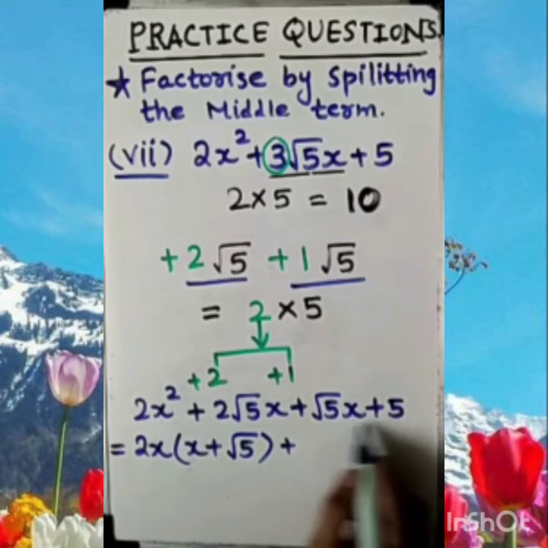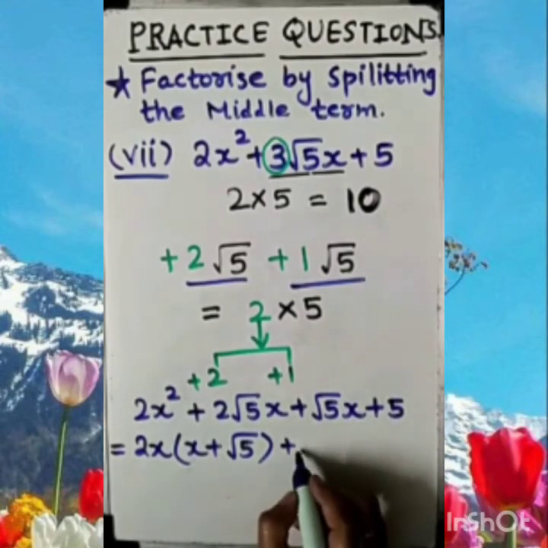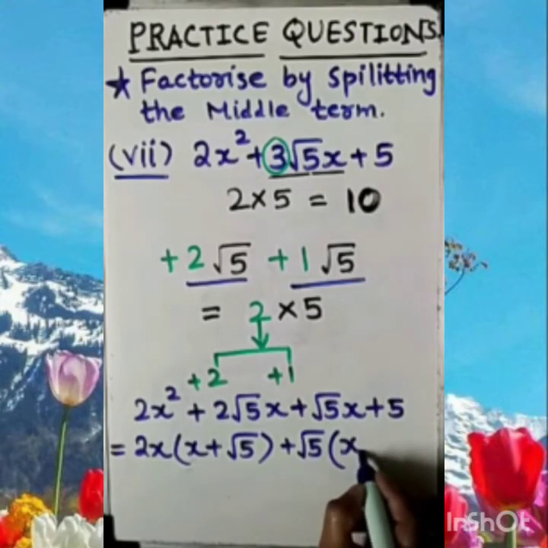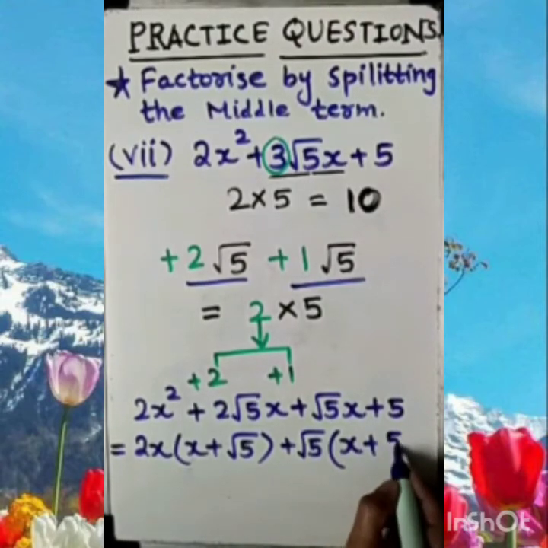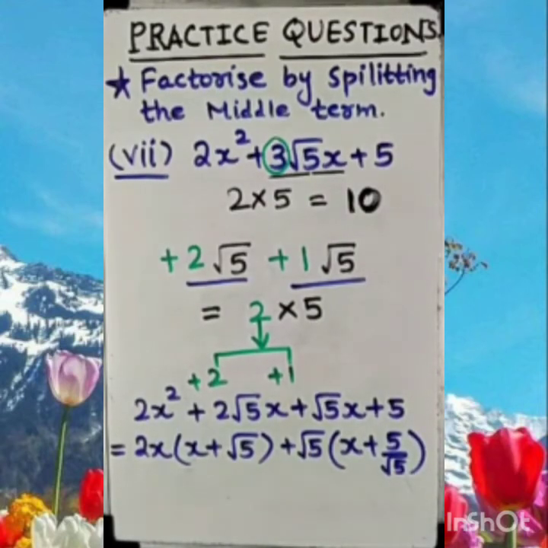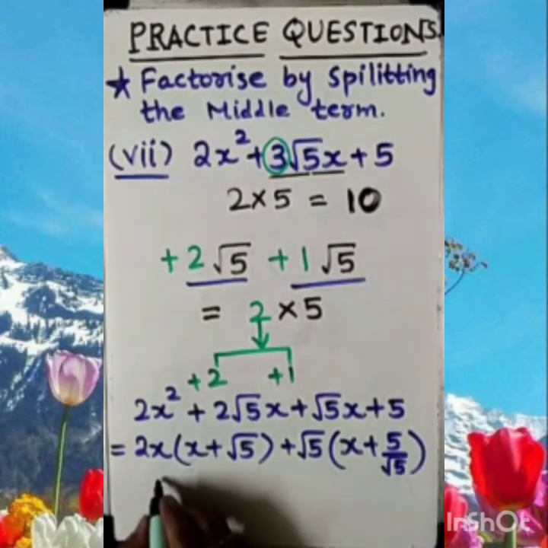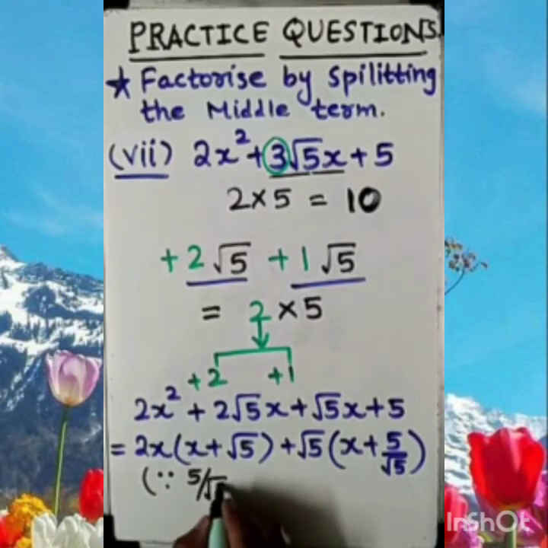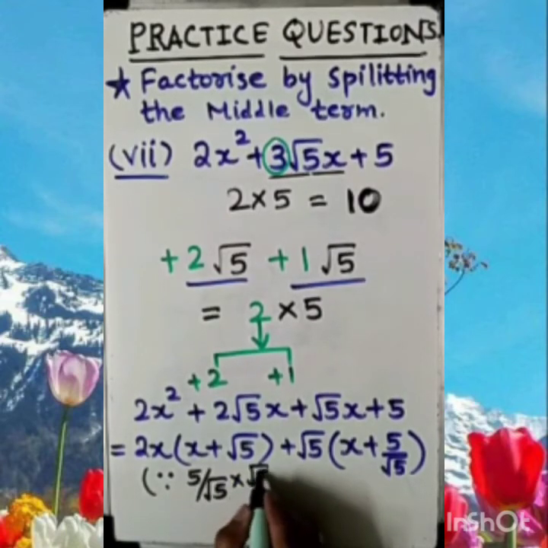From these two terms, as usual, if I am taking out root 5 common, then I need to mention here it will be x and this will be 5 upon root 5. Clear to you? As usual, already we have proved in the previous question 5 upon root 5. We rationalize, you can show here 5 upon root 5. Let's rationalize it.